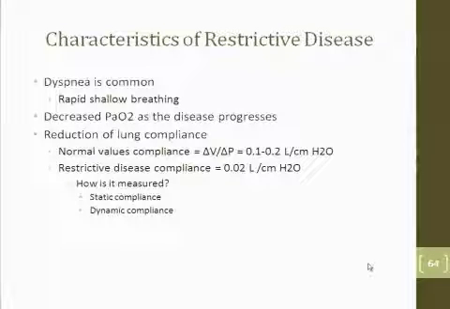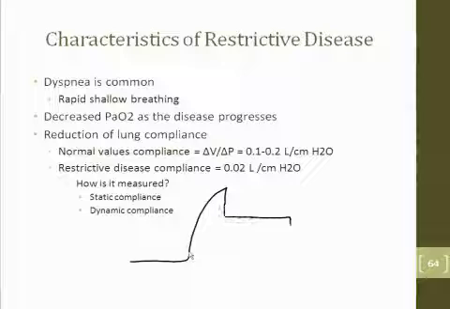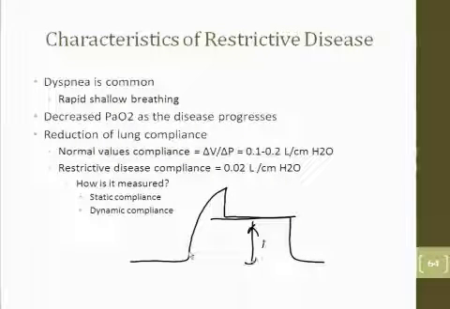How we actually measure this is by using what's called static compliance, not dynamic compliance. Dynamic compliance usually requires a machine to do that for you. Instead, static compliance will measure your actual plateau. So when you're looking at your pressure over time curve, you take this value, and that's your delta P, and your delta V is your expiratory tidal volume.